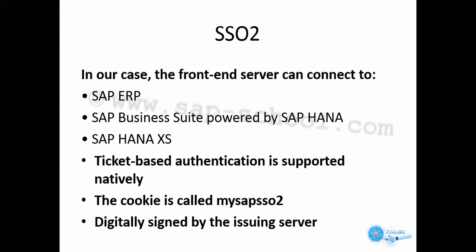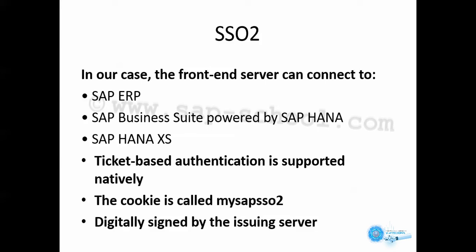Which system should be configured for X509 certificate authentication depends on the type of app we are using. If we are using transactional apps, we set up X509 certificate authentication for the front-end server only. If we are using fact sheet apps, then we have to set up X509 certificate authentication for both the front-end server as well as the back-end server.